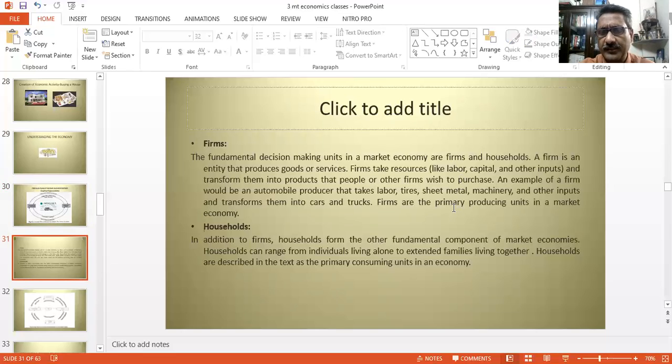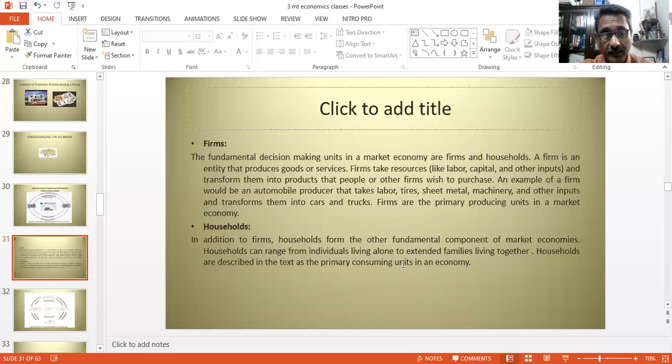Firms take resources such as labor, capital, and other inputs and transform them into products that people or other firms wish to purchase. An example of a firm would be an automobile producer that takes labor, tires, sheet metal, machinery, and other inputs and transforms them into cars and trucks. That's what we discussed here. Firms are the primary producing units in a market economy.